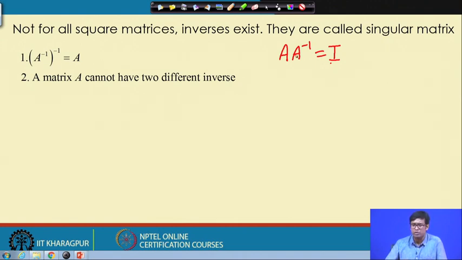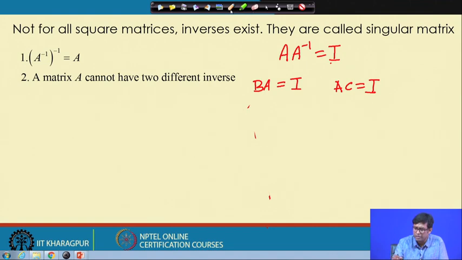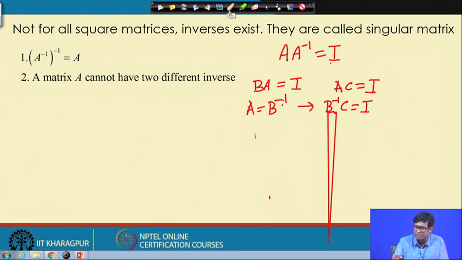A matrix cannot have two different inverses. For example, if we have B A is equal to I, that is B is inverse of A, and we also have A C is equal to I. So, we can write A is equal to B inverse, and now we can substitute it here, that is B inverse C is identity matrix, and if B inverse multiplied with C gives me an identity matrix, C should be inverse of that matrix.